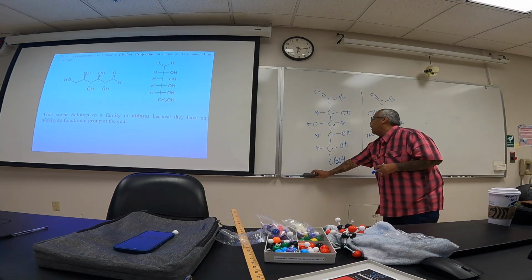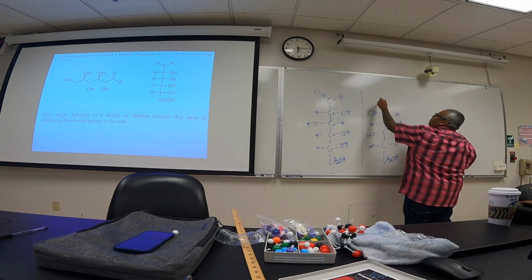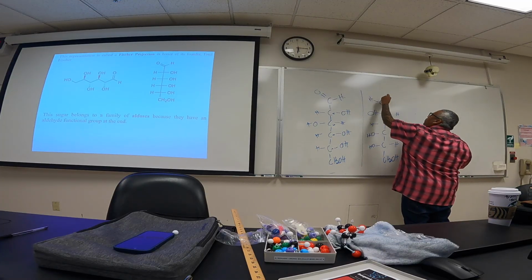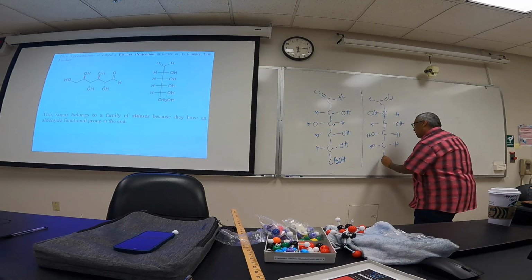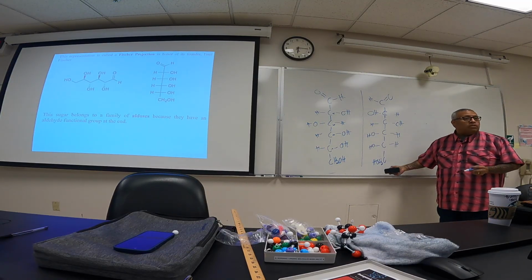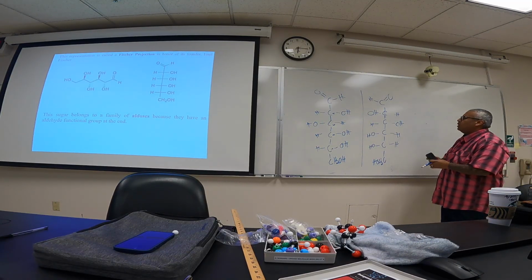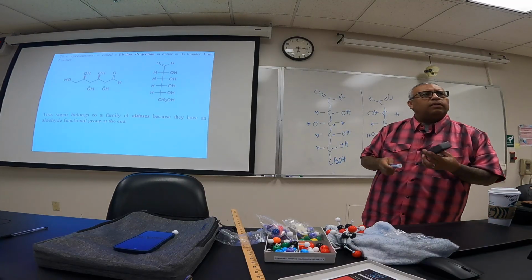It'd still be correct. We can switch these around, and that would still be correct. If you wanted to put the CH2OH over here, this direction, it would still be correct, right? But the only thing we're really concerned with is these here. Does that help explain? All right.